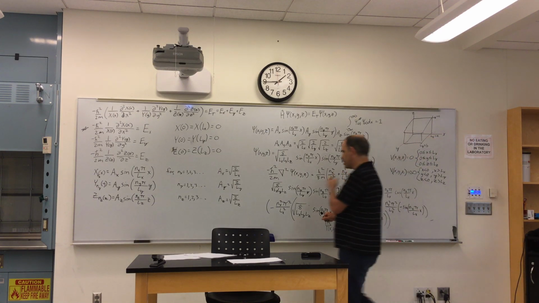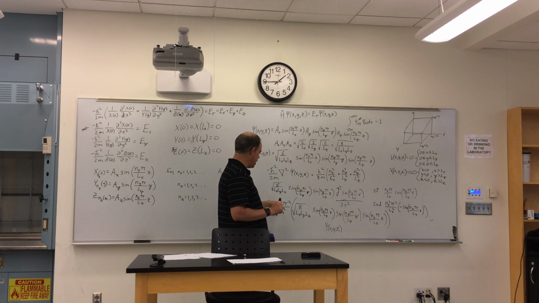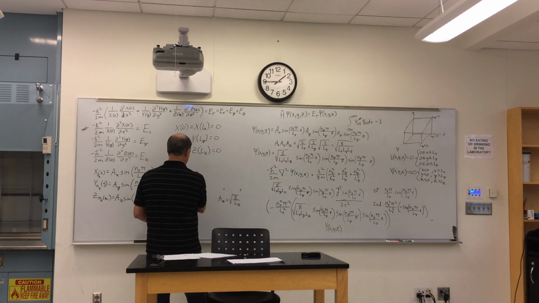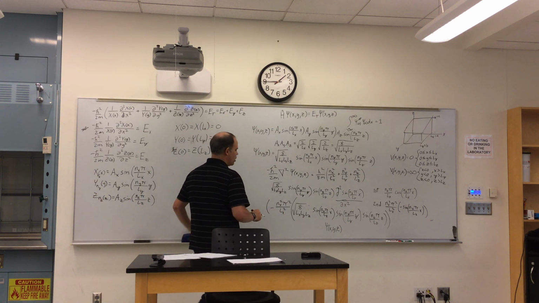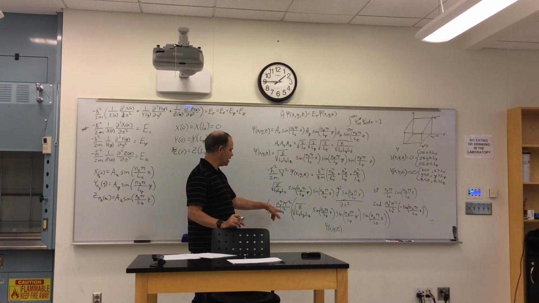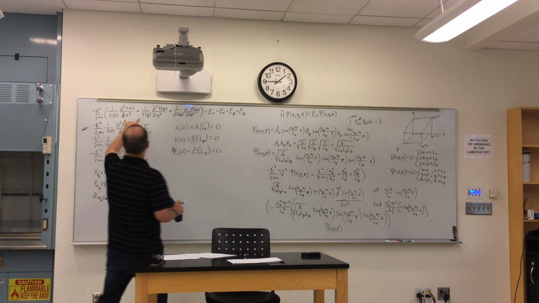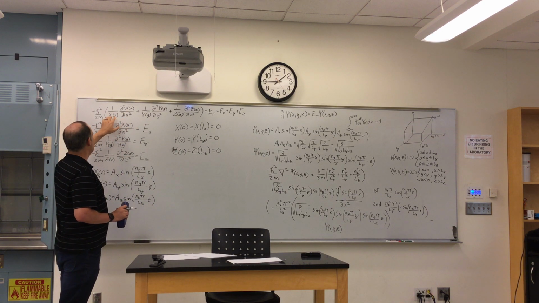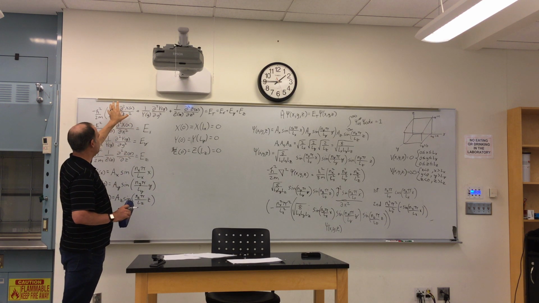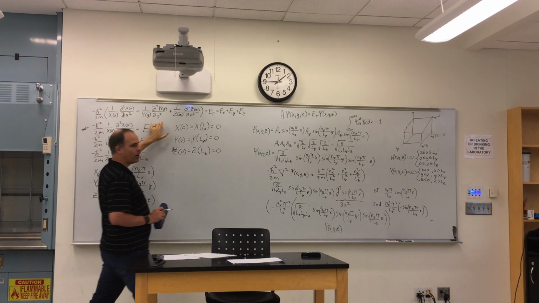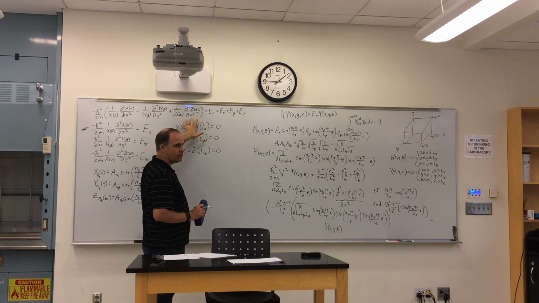So from the x direction, I get a negative nx squared pi squared over Lx squared. If I do the same in the y and the z direction, I'm going to get the exact same thing. If you look back through your notes, right here, we were essentially taking our function, the second derivative in the x direction, plus the second derivative in the y direction, plus the second derivative in the z direction.